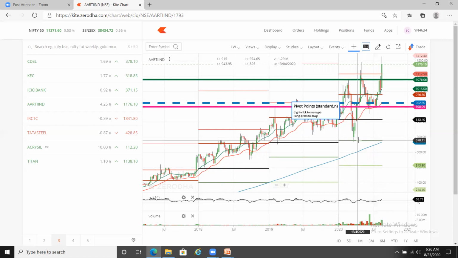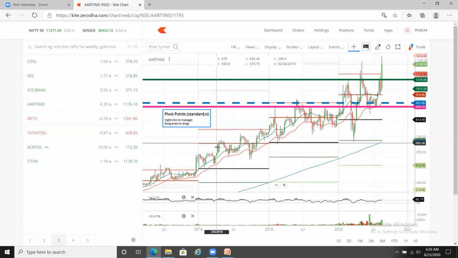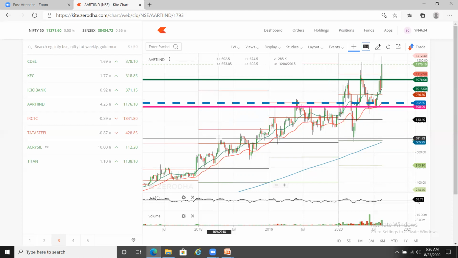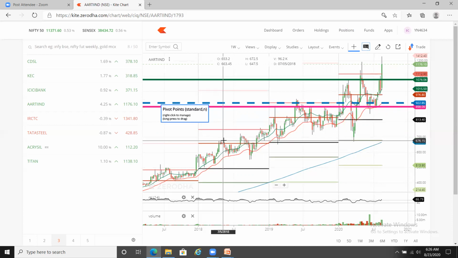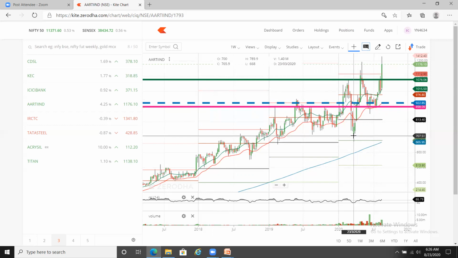It took support around 680, which, during 2018 April, had faced resistance around that level. So from there it took the support, but otherwise it was almost maintaining above 895, 900.